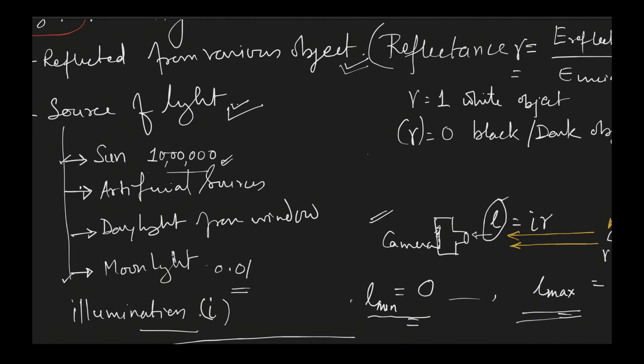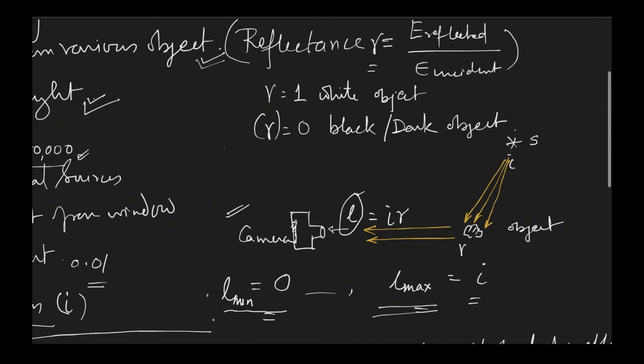In absolute terms, we call it illumination I. And then how much light is available to a camera system? Straightforward: if I is the illumination available and R is the reflectance, then I into R is available to it.